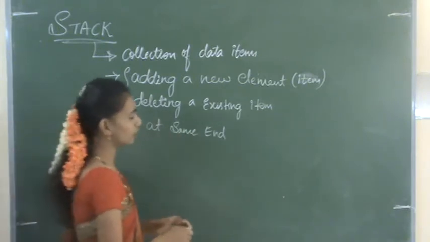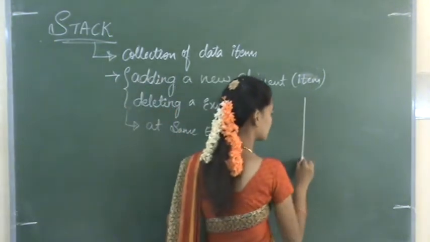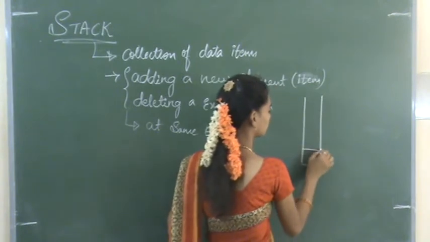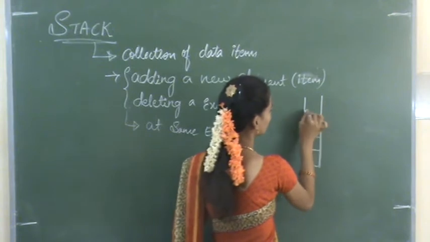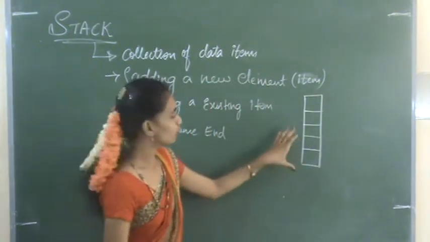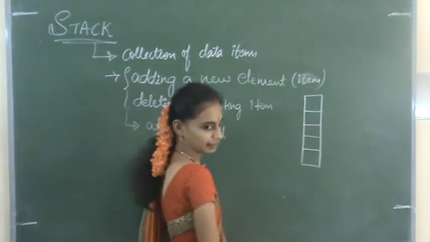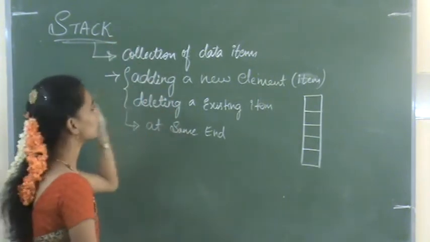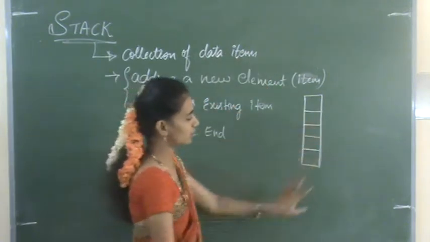We know the array, right? If we rotate that array, we consider that as a stack. So the stack will be represented like this. This stack has a collection of items.